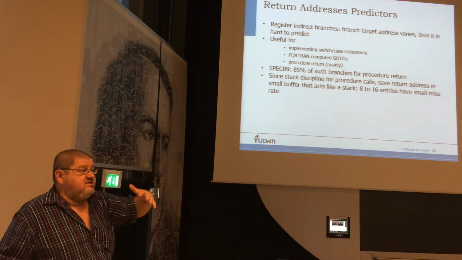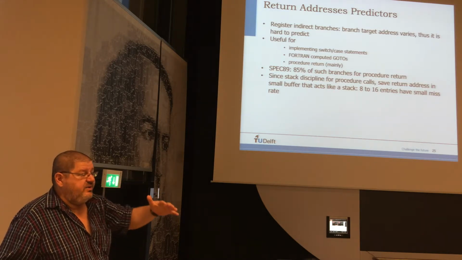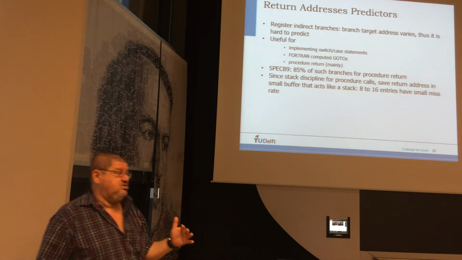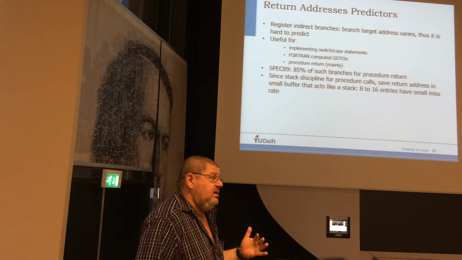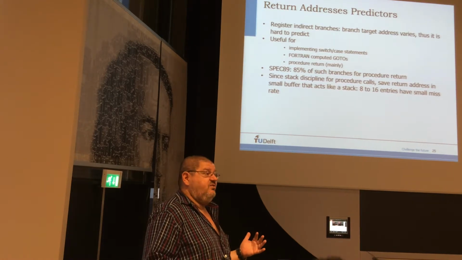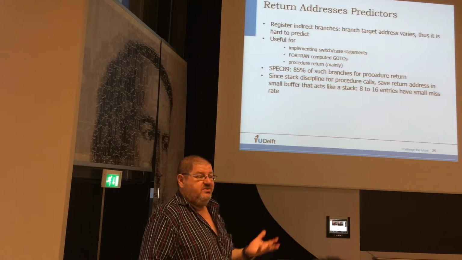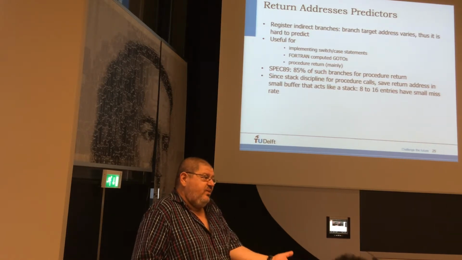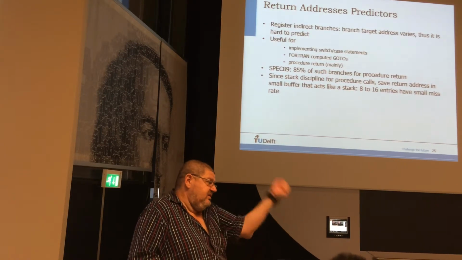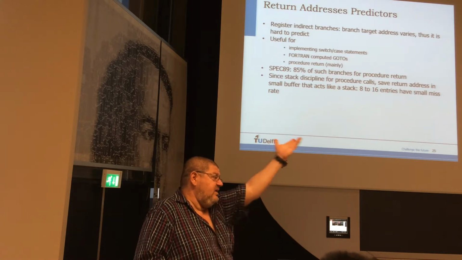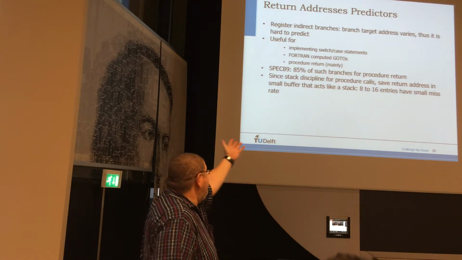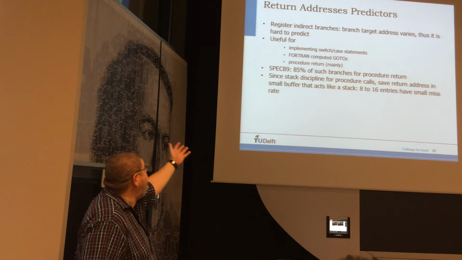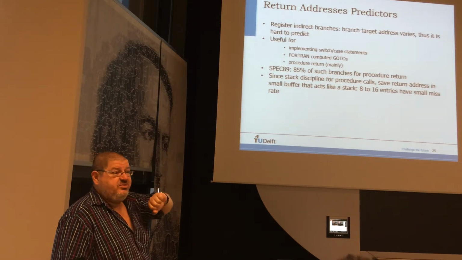Now, this is something that I can deal with if I create a structure like a stack. Because when you do the execution of functions, what you do is you push the return address in a stack. And then when you return, you take that one from the stack and you go there. I can create that in hardware, and I can do return address prediction.